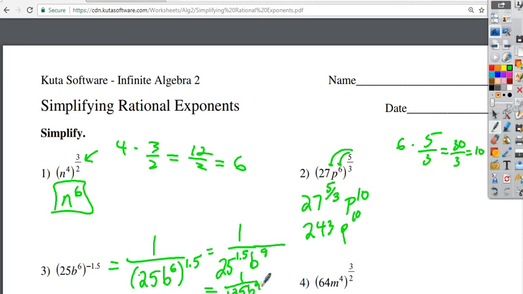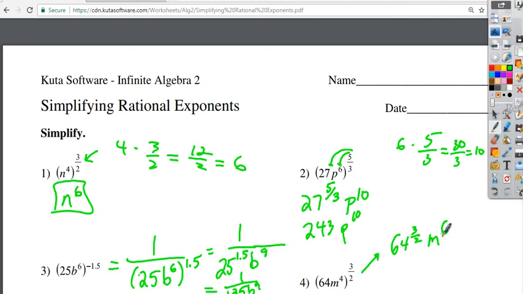All right, let's do the next one. 64m to the 4th raised to the 3 halves. So let's go ahead and distribute that 3 halves. So 64 to the 3 halves, m to the 12 over 2, which is what? 6. 4 times 3 over 2 is 6. We should know how to do that.